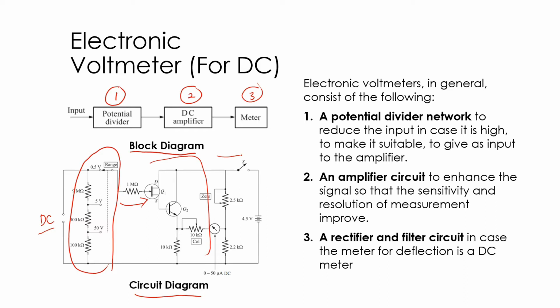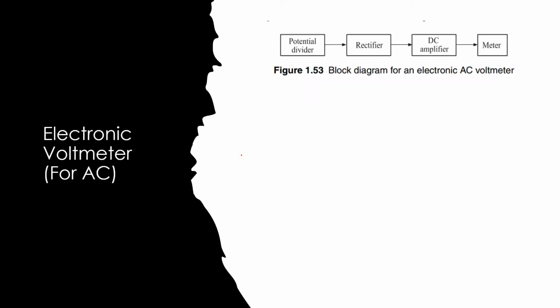I mean that we have to know when to use the first one and when to use the second one. And then next, we will talk about the electronic voltmeter for AC.